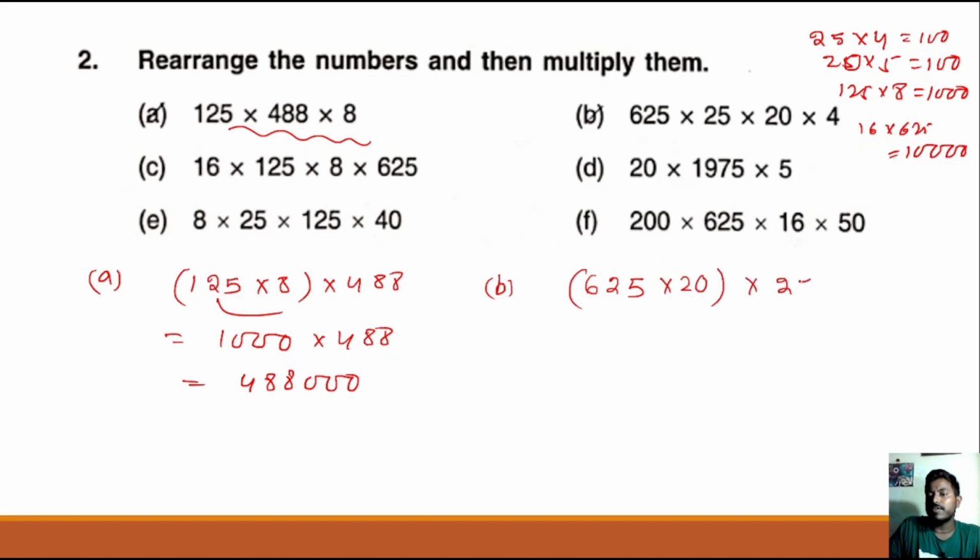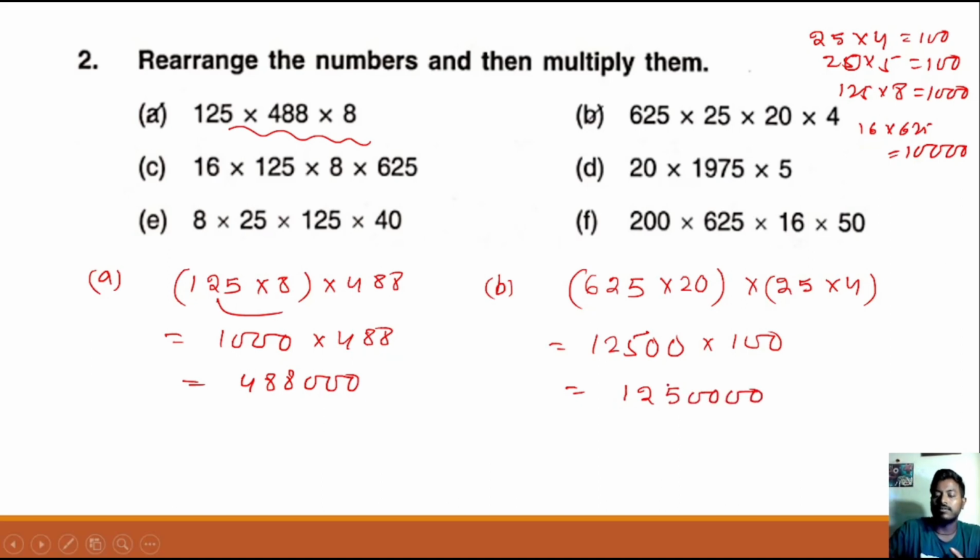Now 25 into 4, that is 100. Then 0, 2 5s are 10, carry 1, 2 2s are 4, 5, 2 6s are 12. Now multiply orally, that is 12500, then 00.